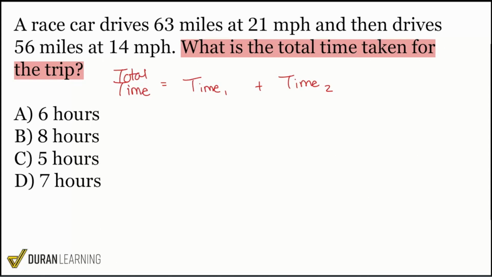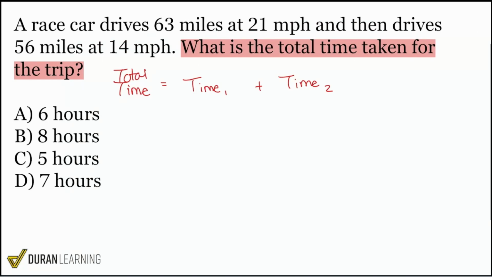No, I don't see it either, right? I see a race car drives 63 miles at 21 miles per hour. That's funny for a race car. And then drives 56 miles at 14 miles per hour. I don't see time given to me anywhere.